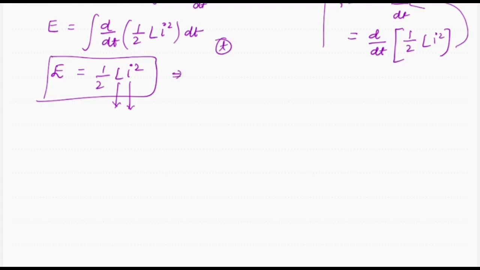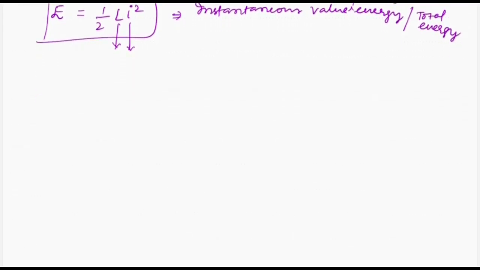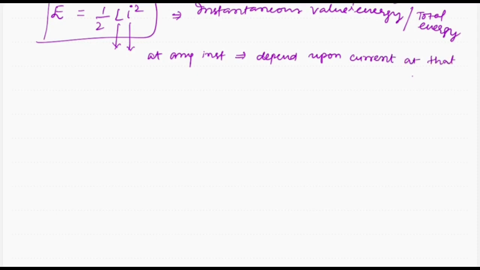So we can say that this is the instantaneous value of energy, or total energy, that is the total energy stored in an inductor at any instant depends upon the current at that instant.